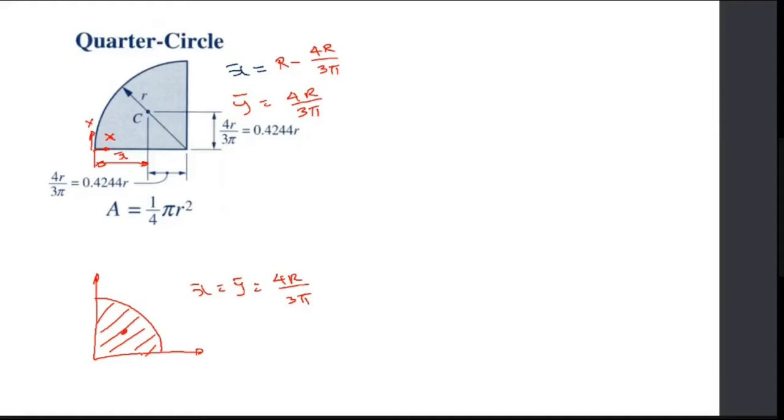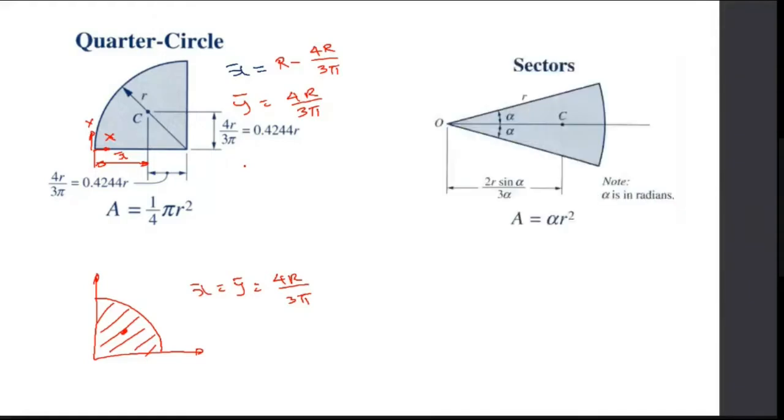Because this is my center point, this is my base. But if my circle is placed like this, then the formula will change accordingly, so you have to note that. Based on the position, you have to identify the formula related to that.